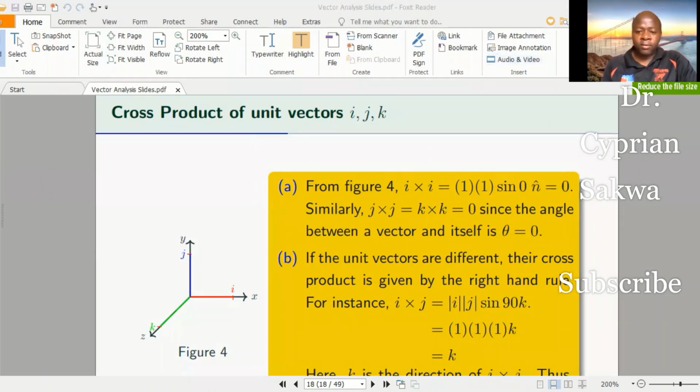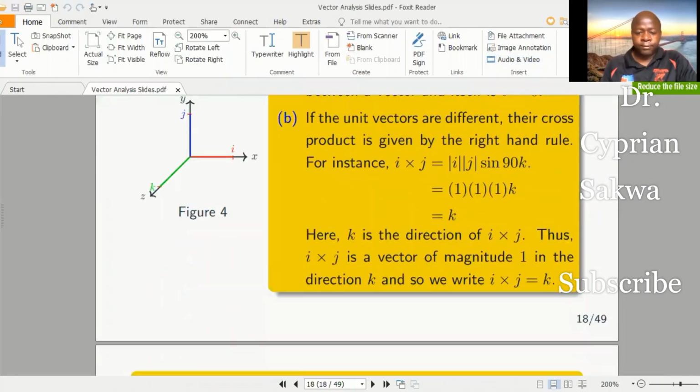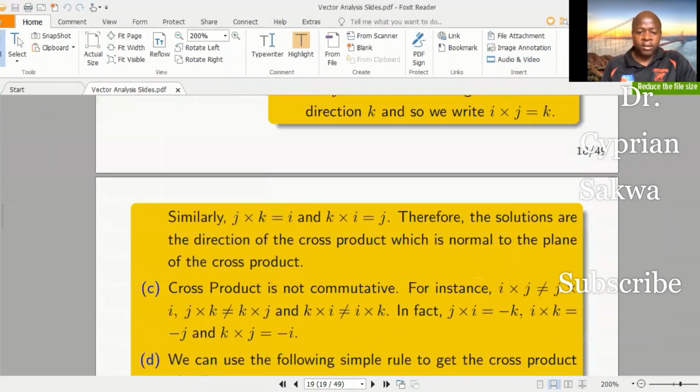And let's see what I had written before. Of course, I had said that the cross product is not commutative.